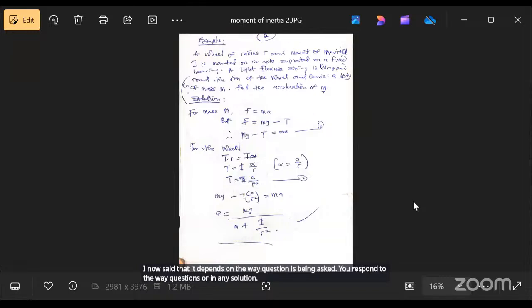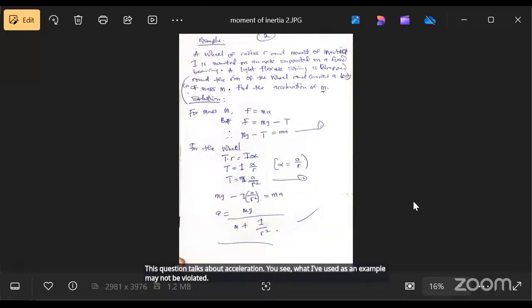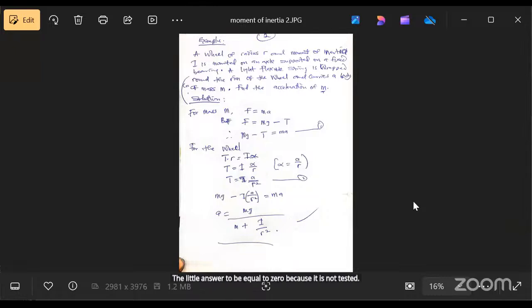This question talks about acceleration. The example I used may not be valid here, and may lead to the answer being equal to 0 because it is not tested. If you say equilibrium, it means for your force, mg minus T, that weight is equal to tension.